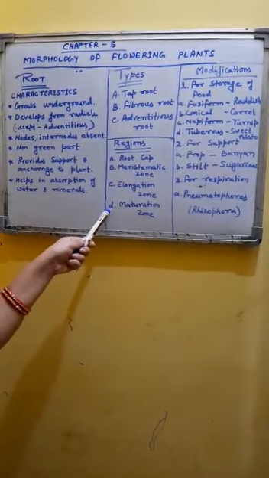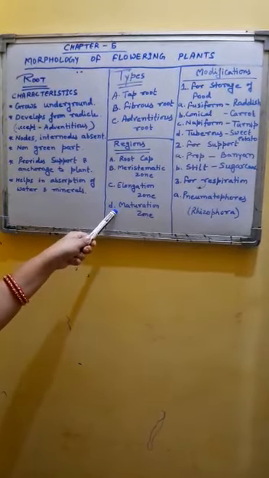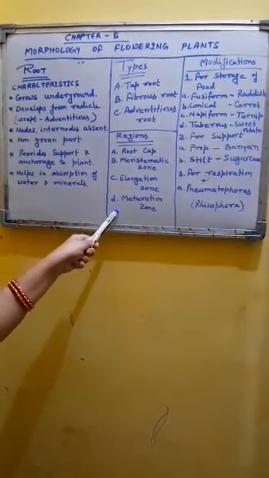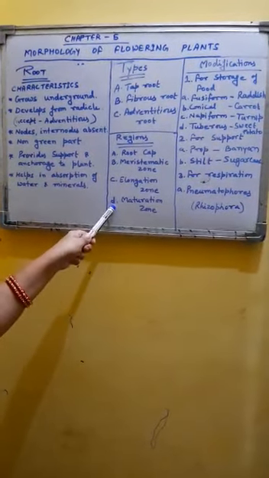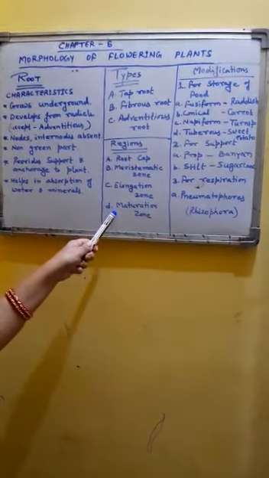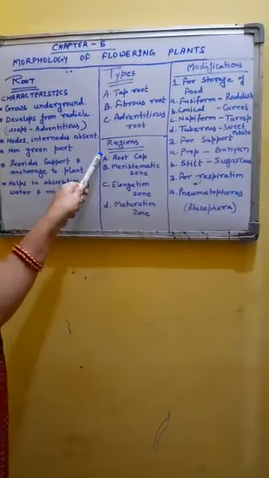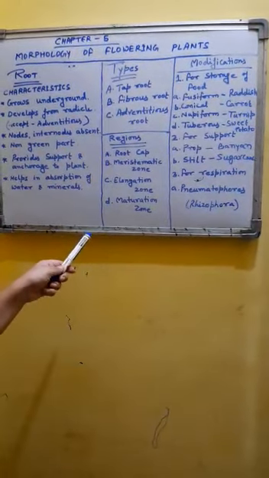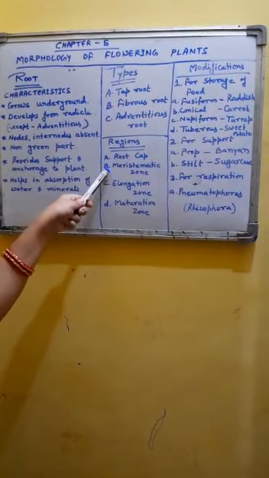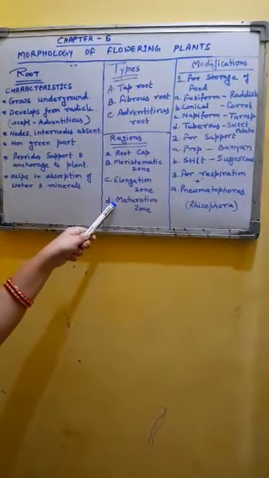After this zone, maturation zone is present where cell gets matured and differentiated. This is the zone from where fine root hairs arise which help in absorption of water and minerals. So these were the regions of root: root cap, meristematic zone, elongation zone and maturation zone.